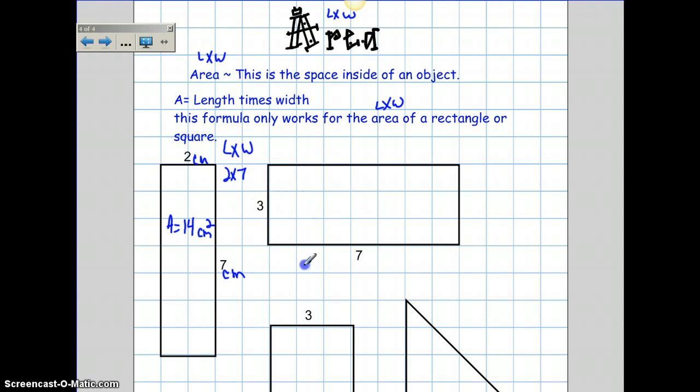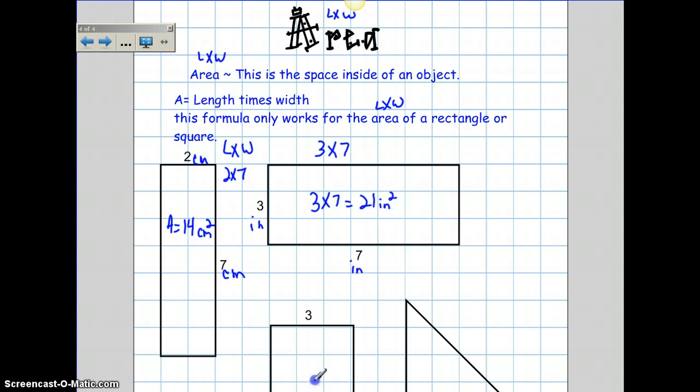Here, I'm going to do length times width again, which is 3 times 7. I'm going to make this one inches. 3 times 7 equals 21 square inches. You need to make sure that you are labeling this way.